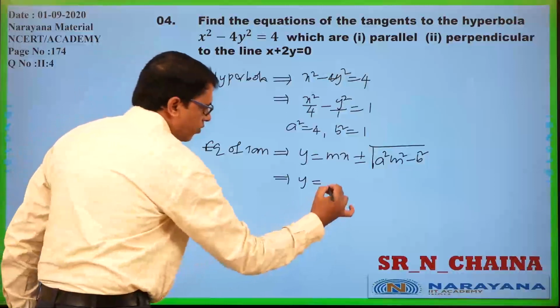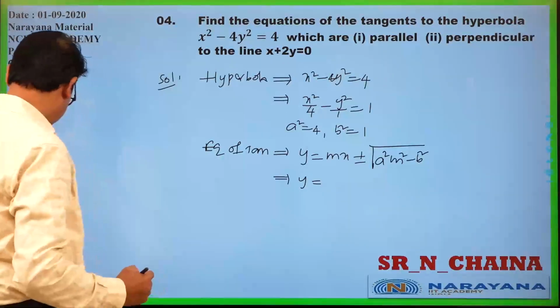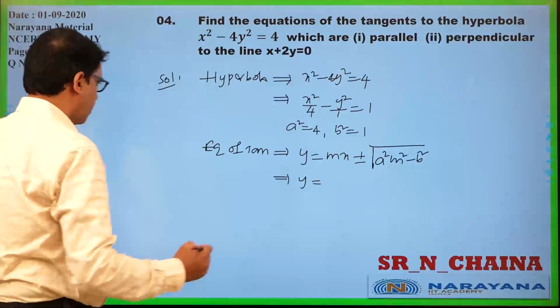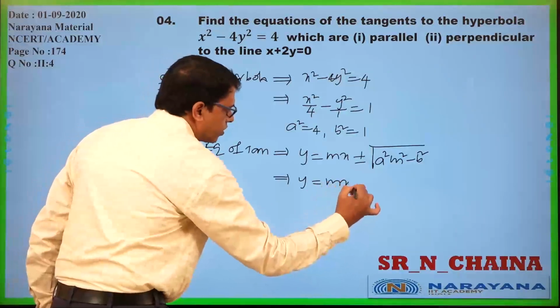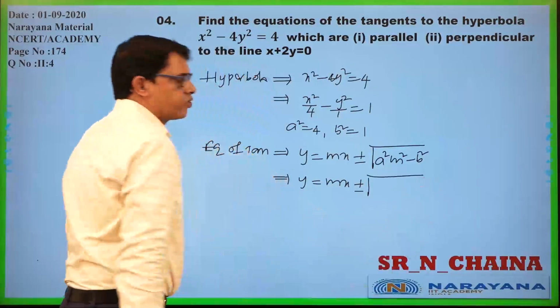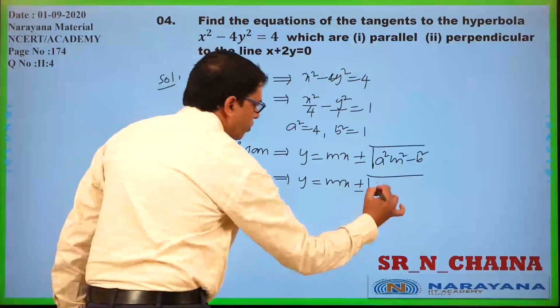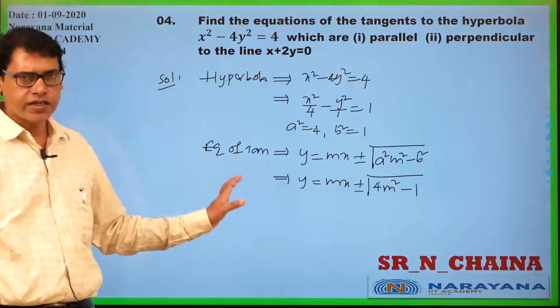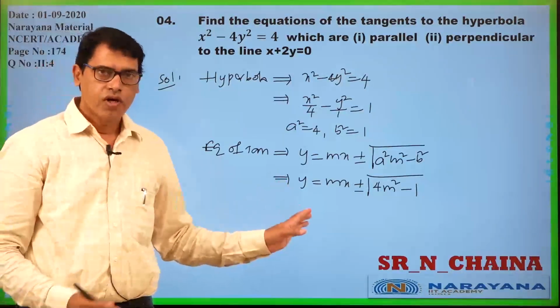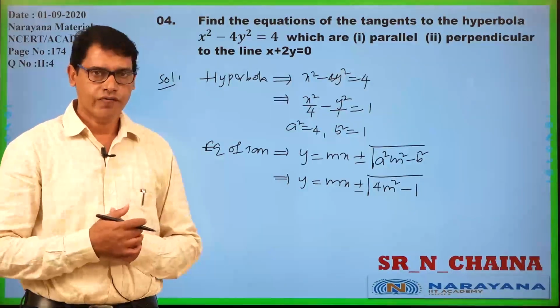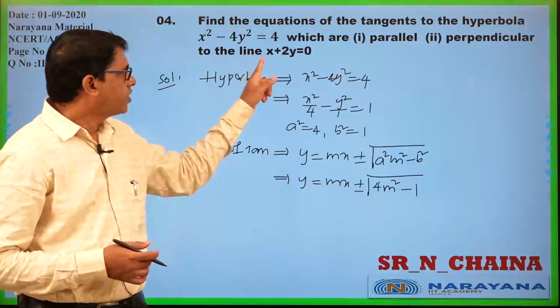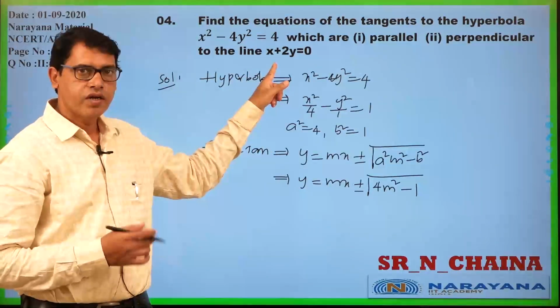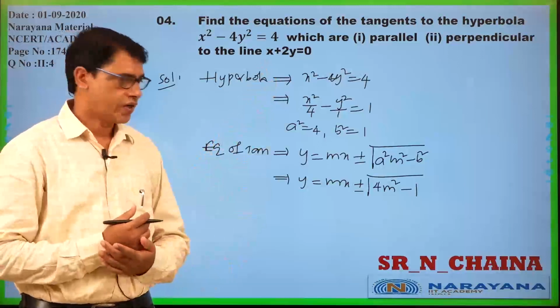So y is equal to mx plus minus root under, with a square value 4, so 4m square minus 1. These are tangents. Now we are going to find the values of m if tangents are parallel to this one, then perpendicular to this one.